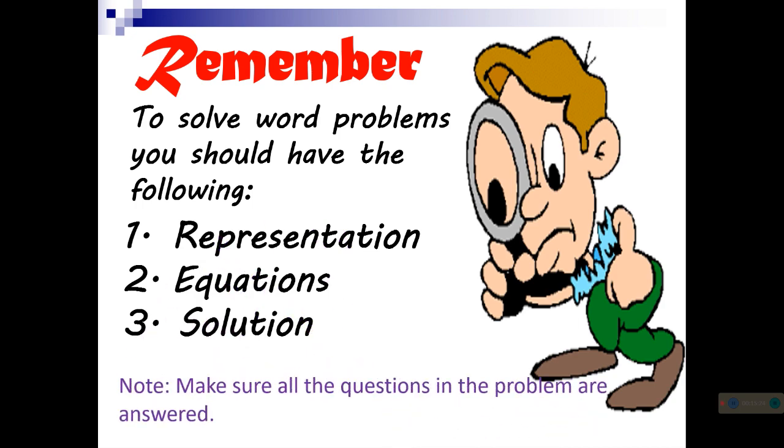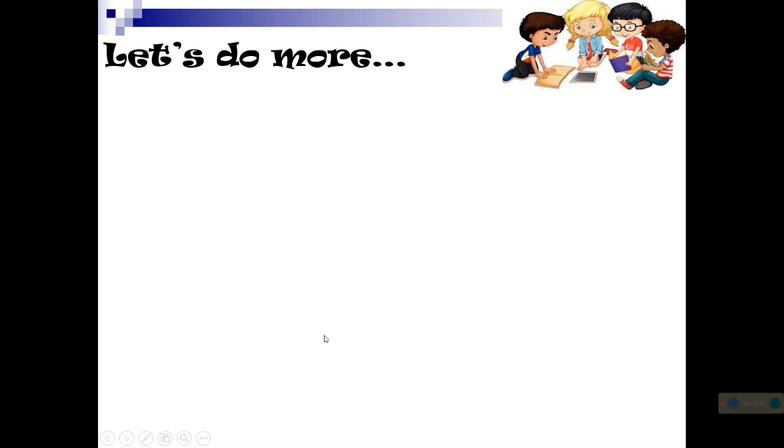After having a solution, make sure all the questions in the problem are answered. Just like our examples, find the numbers. So, you are going to find the two numbers. Since you already have our steps and we already have 3 examples, let's have this problem.